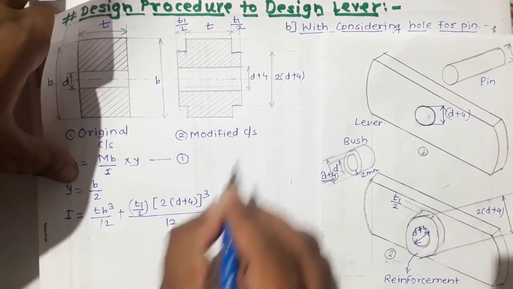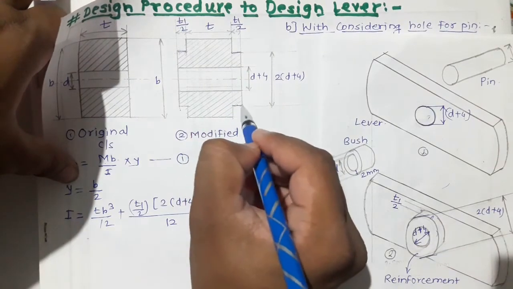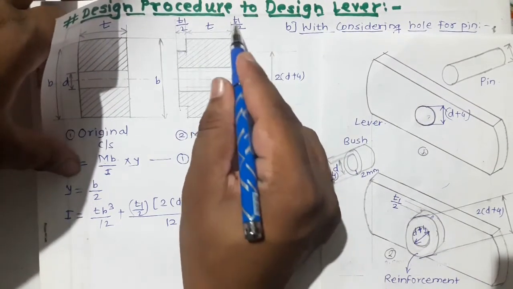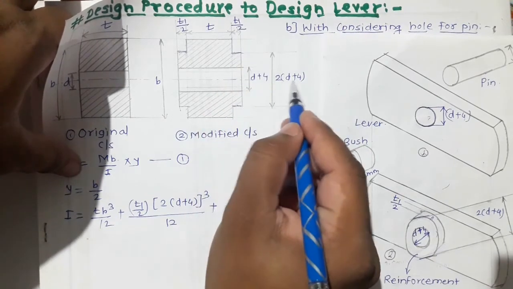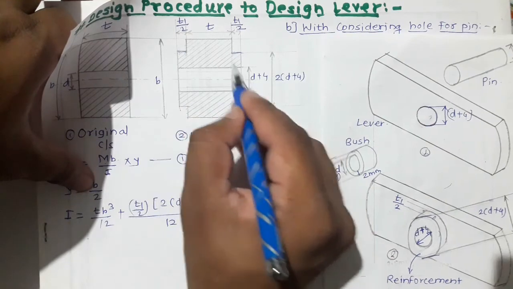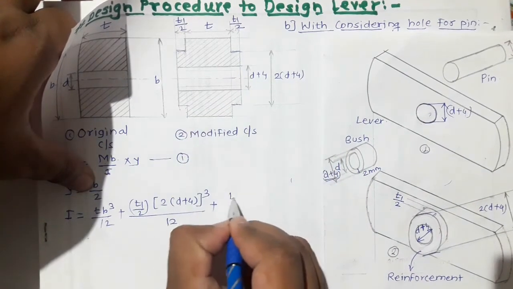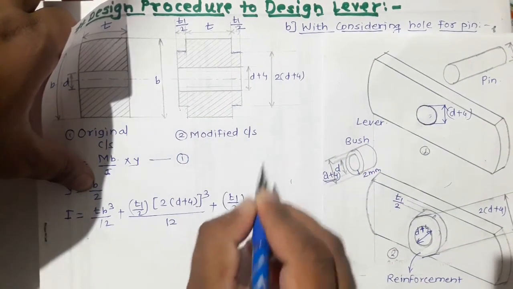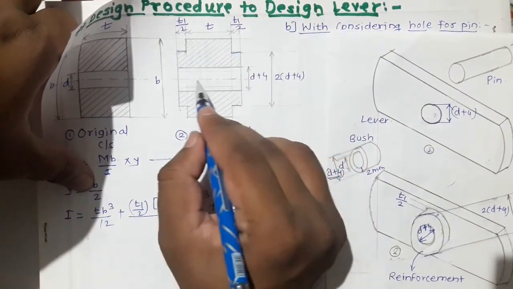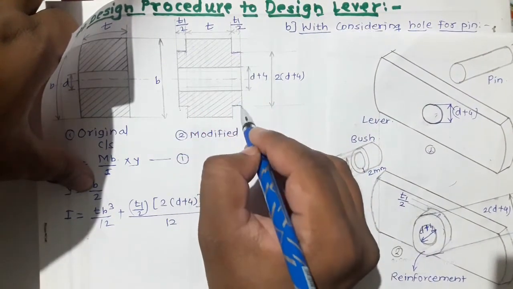Plus we have to consider this rectangular area having thickness T1 by 2 and width twice D plus 4. So the edge which is parallel to the neutral axis is T1 by 2, which is as it is, and the edge which is perpendicular to the neutral axis, we have to make the cube.